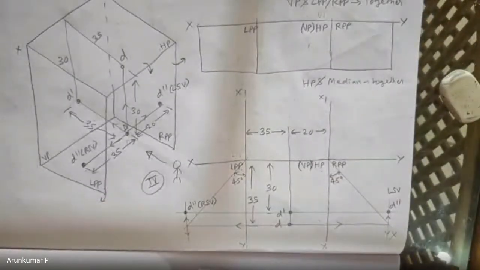So once again, I'll repeat, draw all the three views of a point P lying 60 mm below HP, 70 mm in front of VP, and 40 mm from RPP. So this 40 mm from RPP becomes important. So we know that this point is in the fourth quadrant. So in the fourth quadrant, both VP and HP are below XY line. So RPP will be besides VP on the right side below XY line. And you have to draw the projection line, vertical projection line at a distance of 40 mm from RPP.